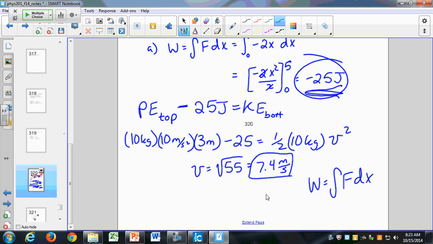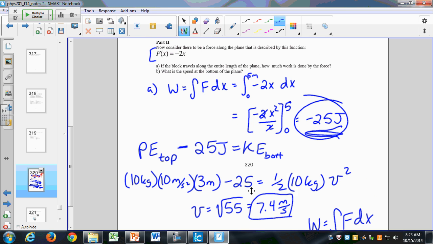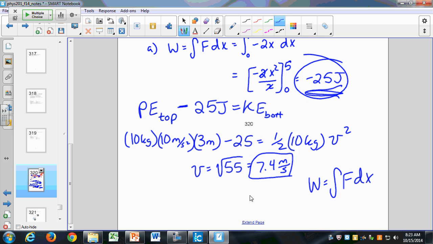So why don't we have to consider the work done by the gravitational force in the equation? Whereabouts? Here? Like in this last part that we did?